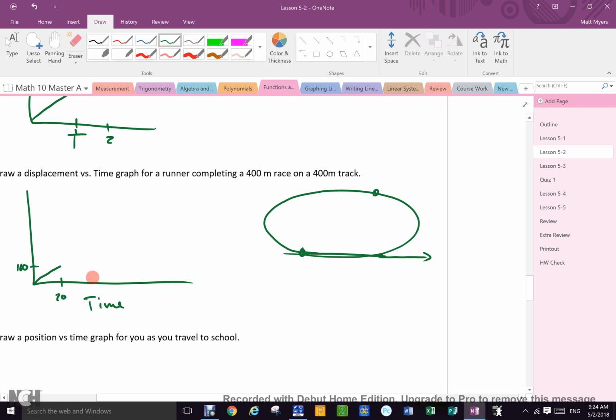So I have to curve, don't I? Am I still going away from my start? Yes. So I'm still going upwards, but it's not straight away from my start. So it's got to be less steep. I should have drawn the first one steeper. Less steep. Now what happens here?